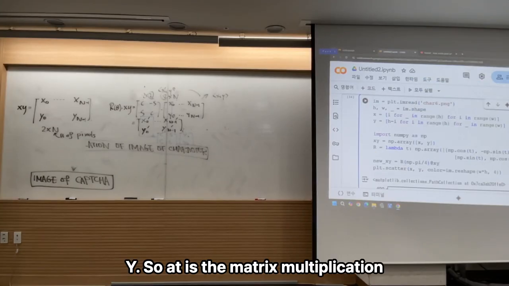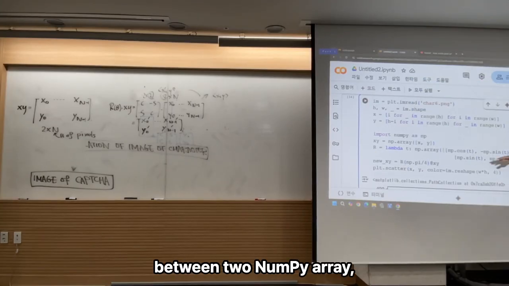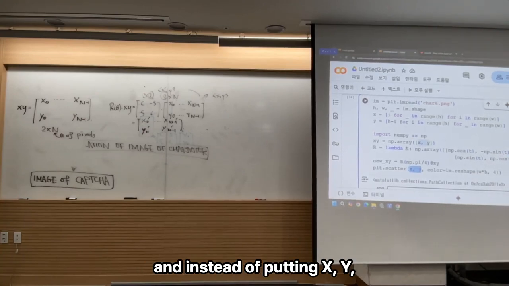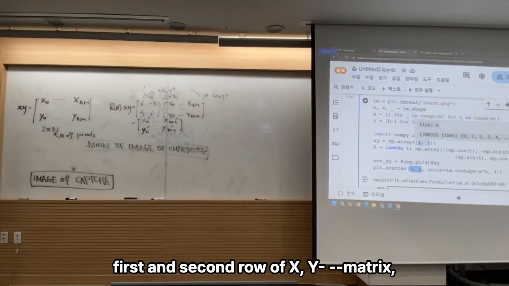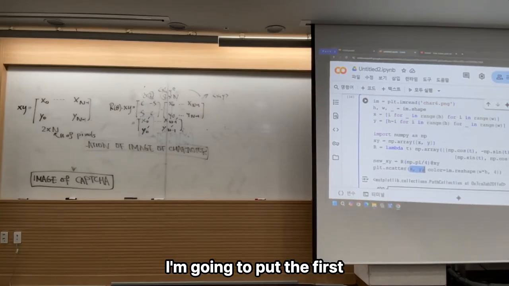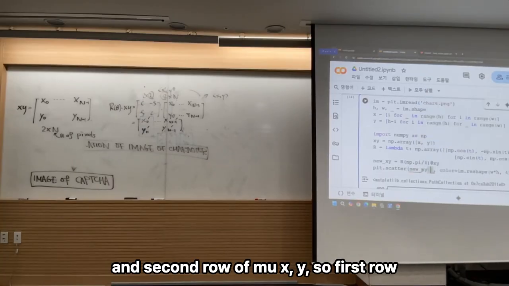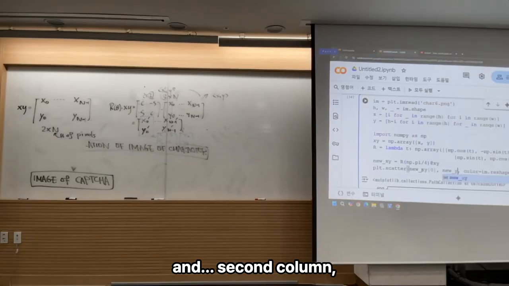So at is the matrix multiplication between two two-dimensional numpy arrays. And instead of putting xy, I'm going to put the first and second row of new xy. So first row and second column, second row, sorry.